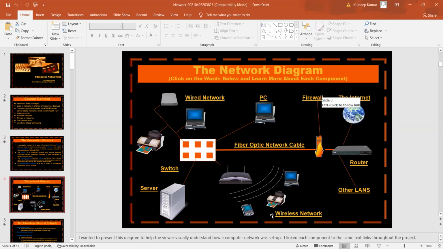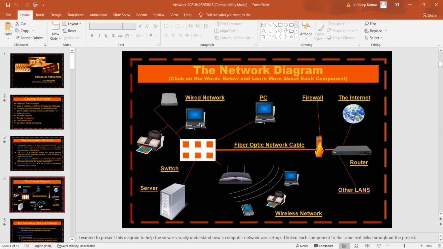Wireless network is a network in which two sets can communicate with each other through waves, like a handset, and we are transferring data from a single handset to a laptop or a computer. Now, with the advancement in network, wireless printers are also used in today's technology. And the example of wired network is given here.